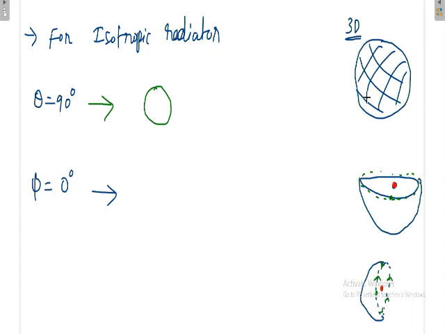Whenever you have a sphere, you cut vertically or you cut horizontally, always you will get a circle. So now also the radiation pattern is a circle only. So for the isotropic radiator, you have a circular radiation pattern in both the horizontal plane as well as in the elevation plane.